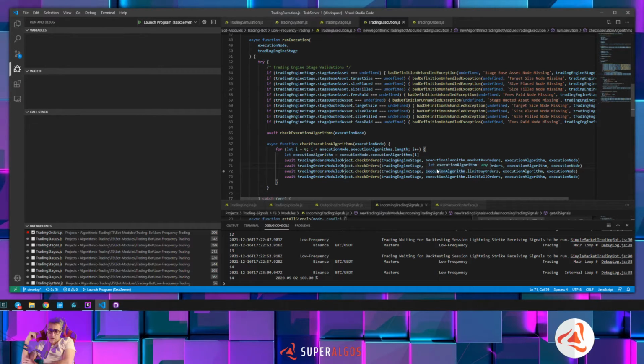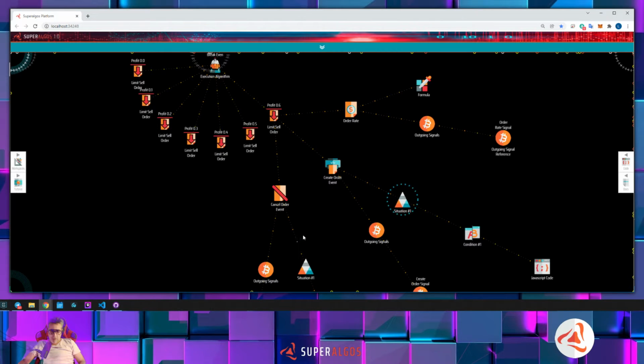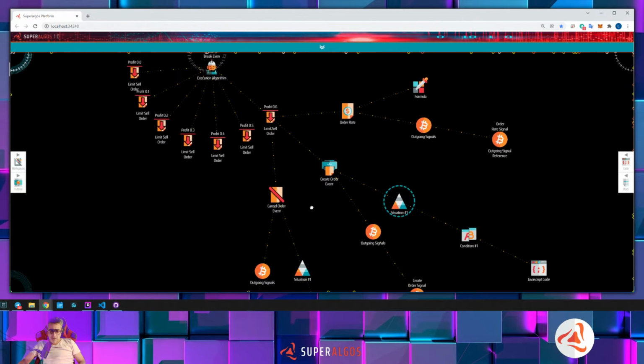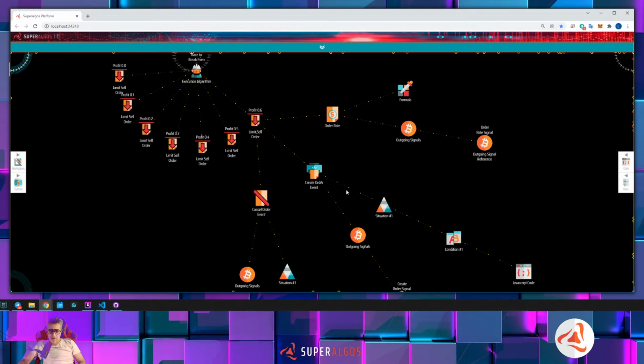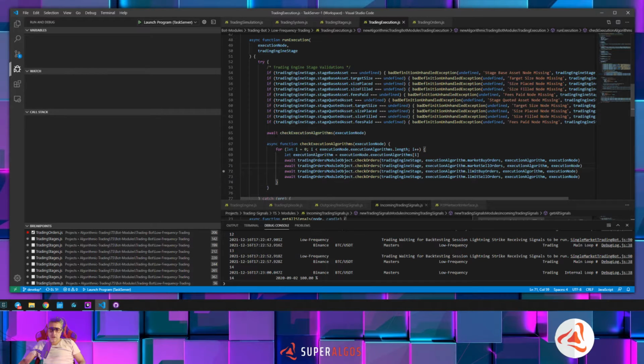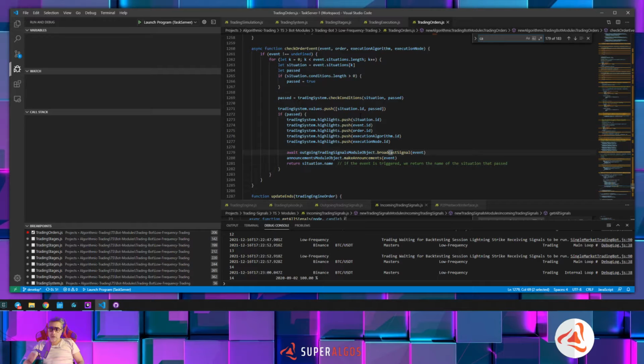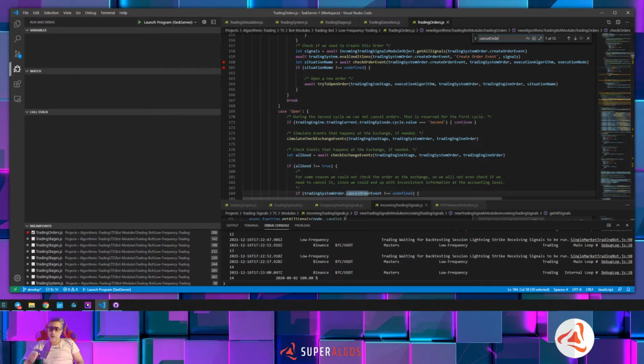How do I stop at the point create order event, cancel order event? So one way is to put a breakpoint somewhere here, cancel order event.